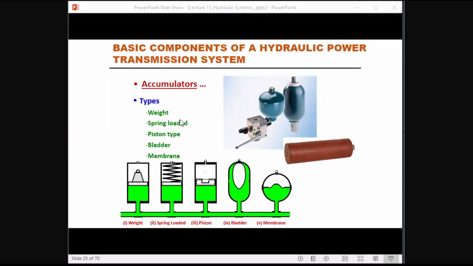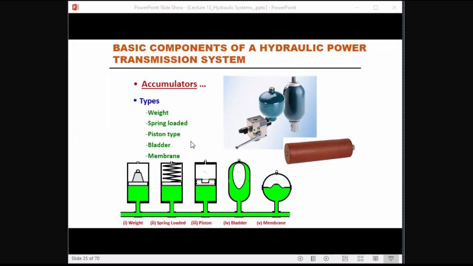And the spring loaded accumulator: these accumulators are used when moderate pressure and compact size are required. Okay. And piston type accumulators we can use for heavy duty applications. Okay.